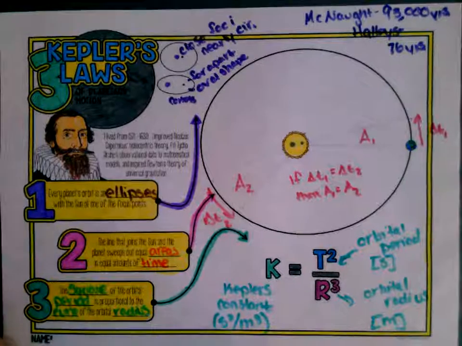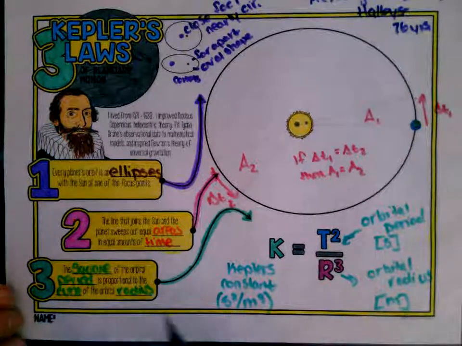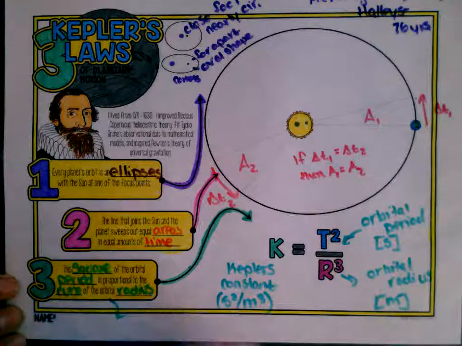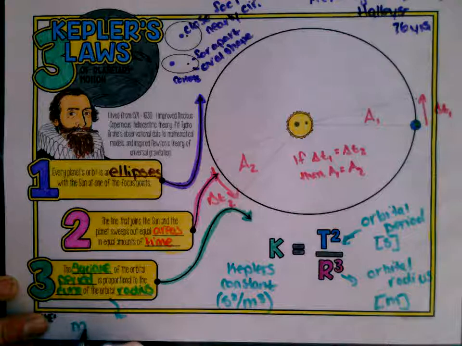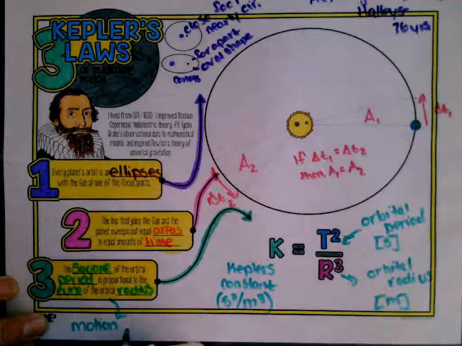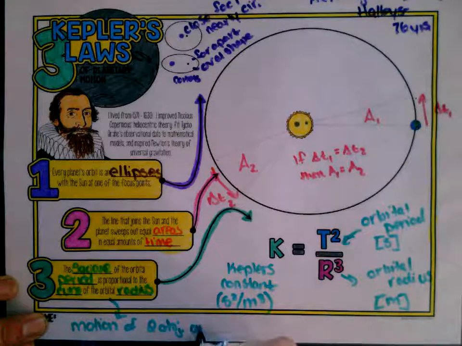Kepler's law doesn't only hold true for the sun and the planets in Earth's solar system. Kepler's law holds true for any motion of two objects around a single body.